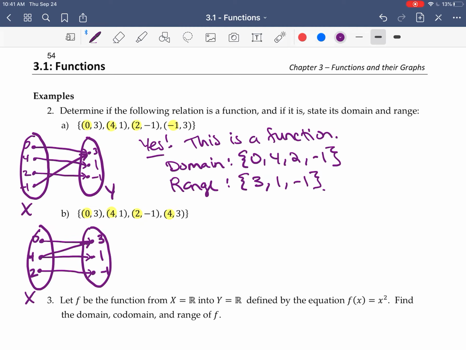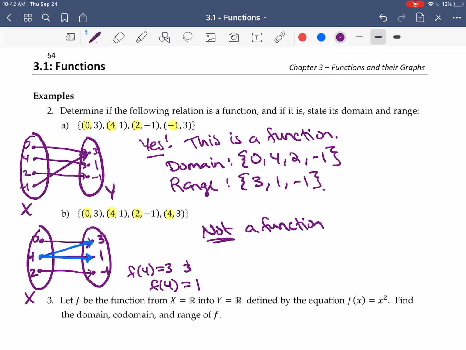4 goes to 3. So notice that 4, I have an arrow that goes to 3, and also an arrow that goes to 1. So that means that f of 4 is equal to 3, and f of 4 is equal to 1. So 4 gets mapped two different places, so this is not a function.